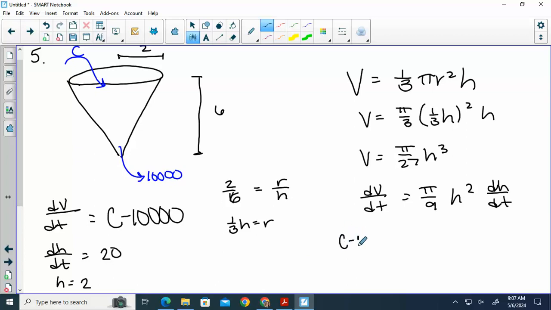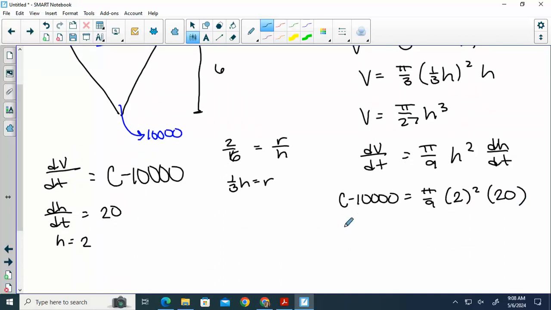So dV/dt is C minus 10,000 equals pi over 9. h is 2 squared. dh/dt is 20. And so we get 4 times 20, so 80 pi over 9. So C is 80 pi over 9 plus 10,000.